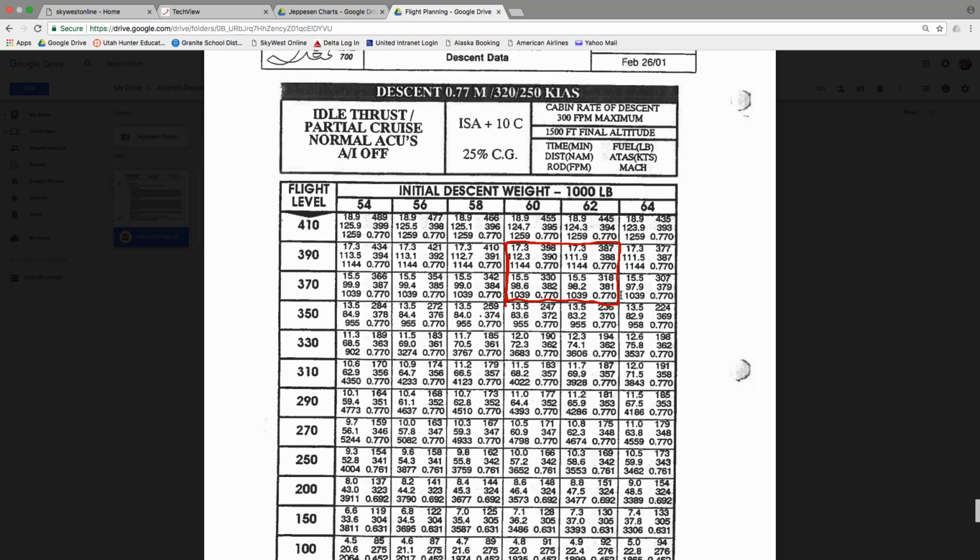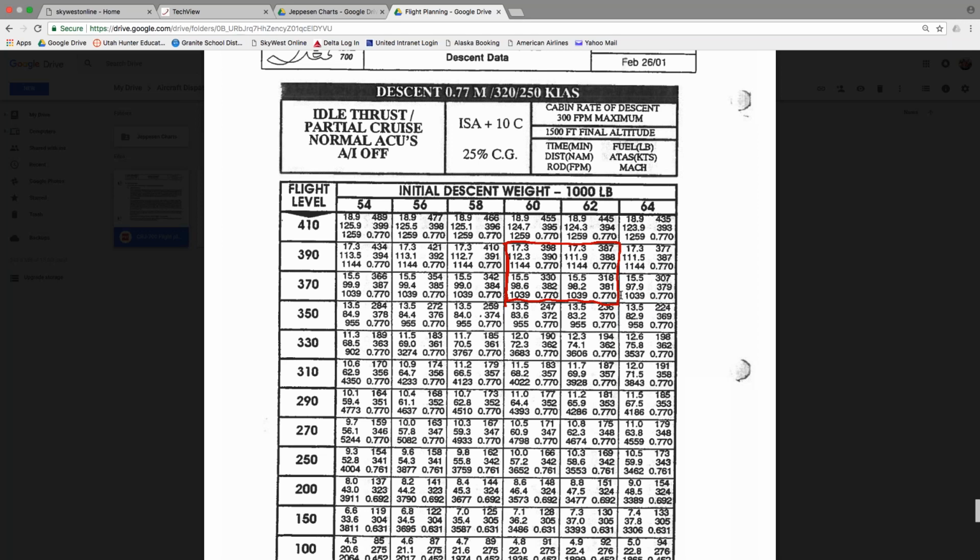Okay, top of descent. What are we concerned with again? What numbers? Time, distance, fuel, and speed. Okay, so you said 16.1 for our time. 16.4. 16.4, okay, for our time. What was our mileage? It's 105.3.